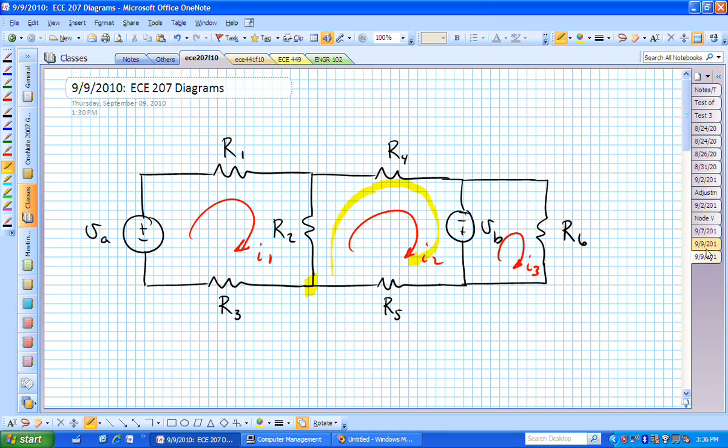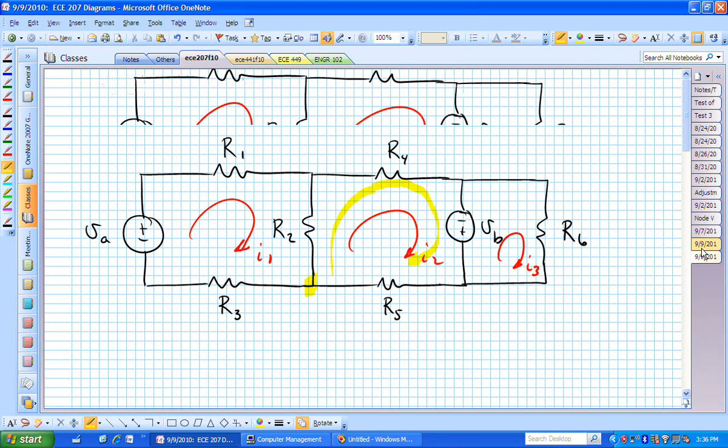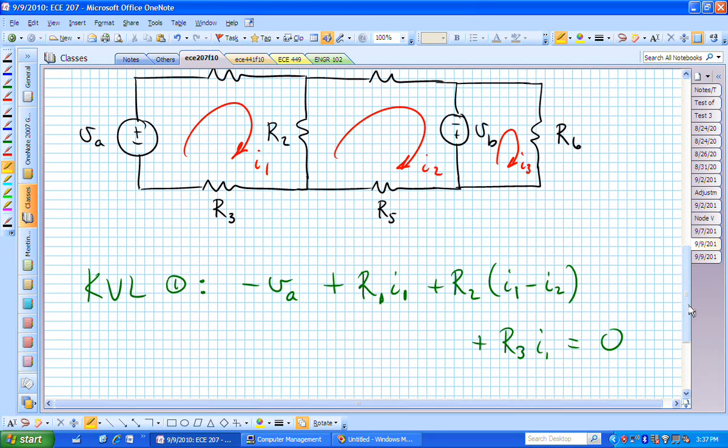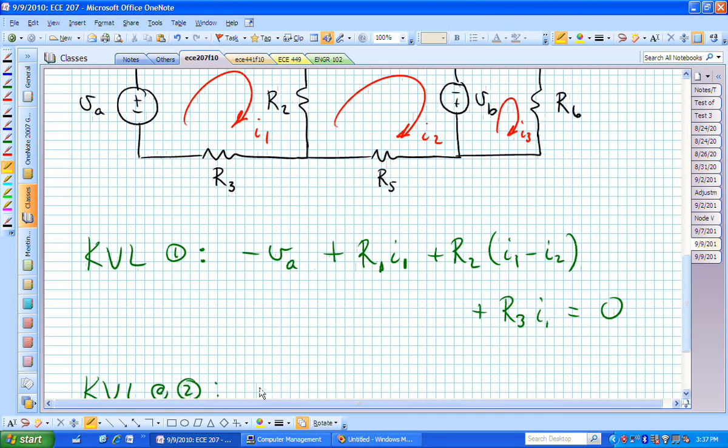Meaning, now if I write that equation, KVL around mesh 2, it's going to be R sub 2 times I sub 2 minus I sub 1, plus R sub 4. What current goes through R sub 4, or how many currents go through R sub 4? Just the one, I sub 2. That drop is going to be R sub 4 times I sub 2. What happens as I go past or through that voltage source?